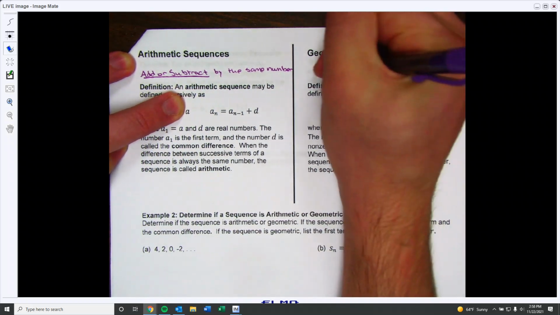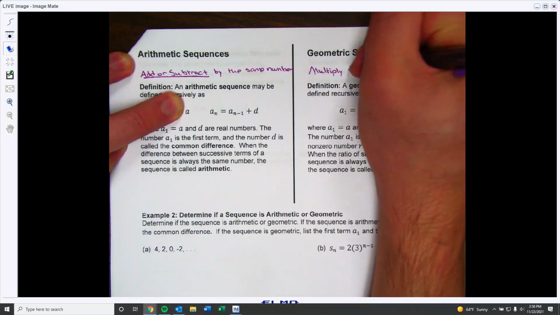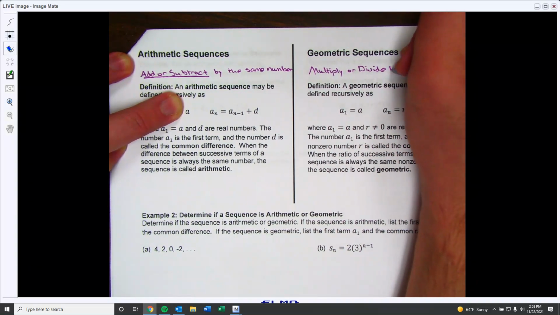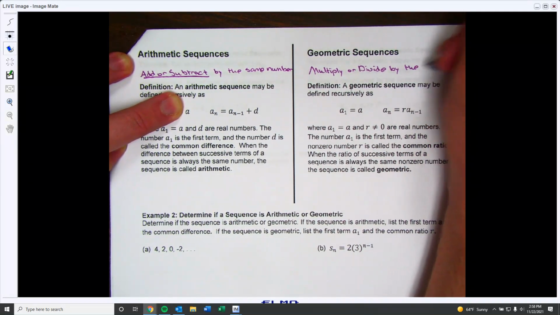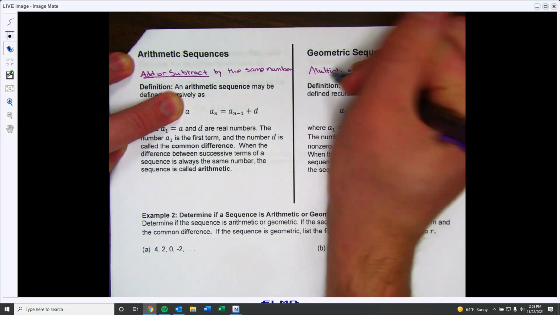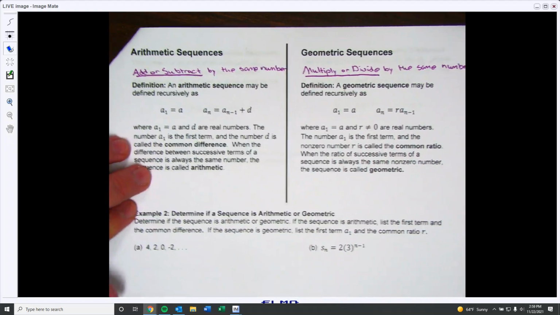And for geometric, you will multiply or divide by the same number. All right, arithmetic, add or subtract, geometric, multiply or divide.